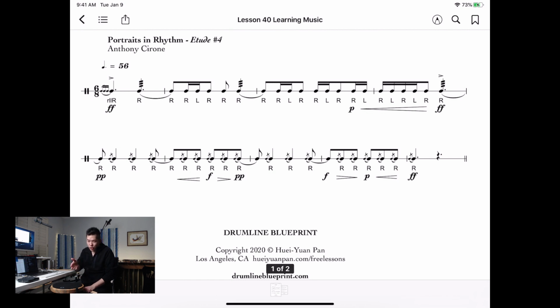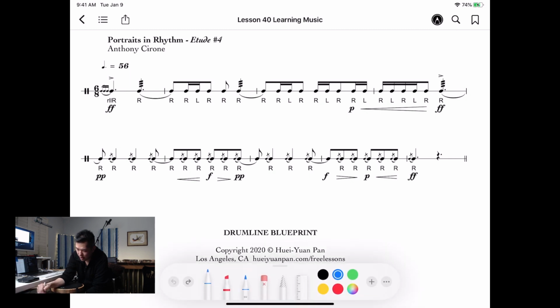If I was learning this, as a high school student preparing for All-State for next year, I might say, oh, I don't know what this thing is, right? This four-stroke rough or triplet rough, digga-digga. There's a couple of seconds that you can do. And then the question is, can you do it consistently? I'm doing a right, left, right sticking here in this case.